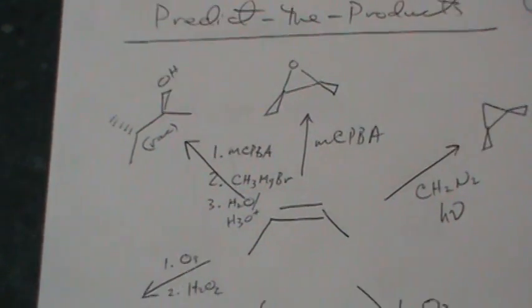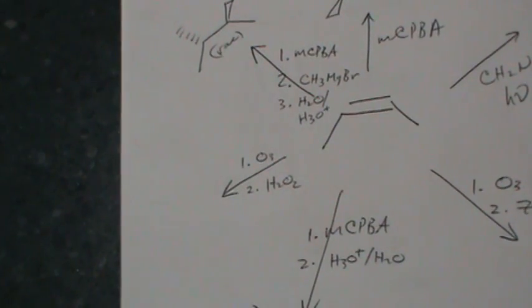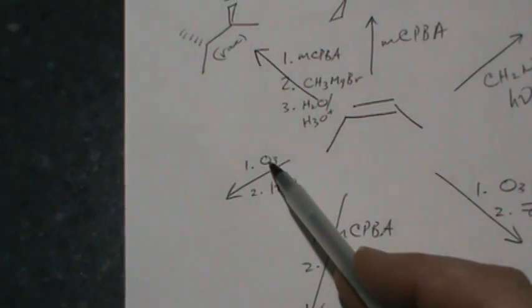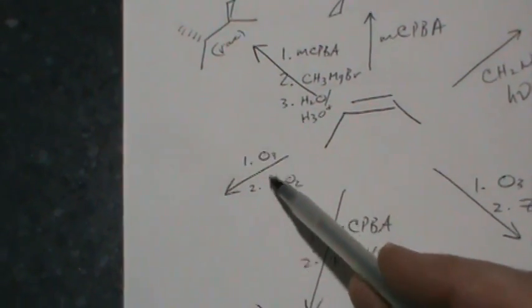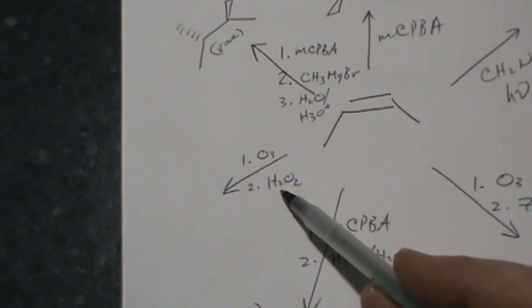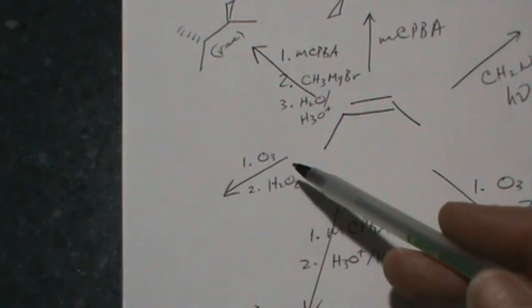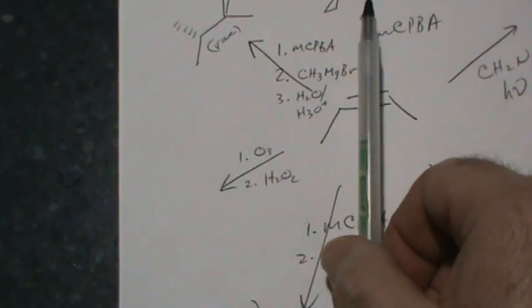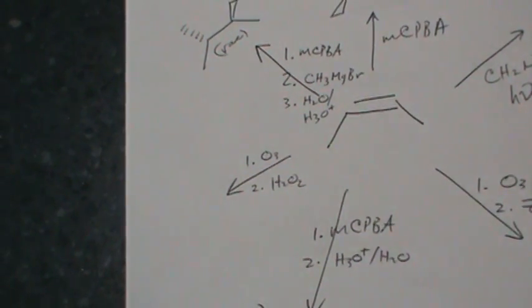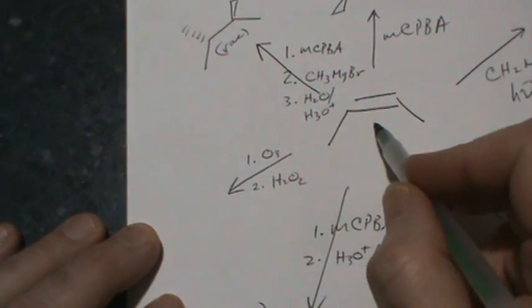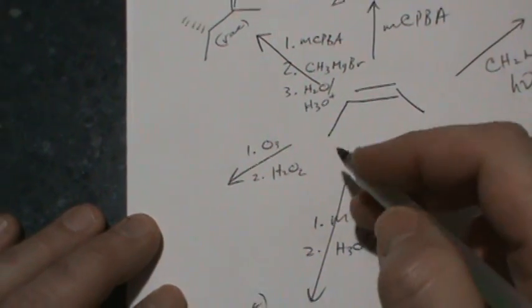Okay, very good. Let's look at this reaction over here. This looks like an ozonolysis reaction. First step ozone, second step hydrogen peroxide, which is an oxidative workup. So we know that in the ozonolysis reaction, we're going to karate chop this alkene in half. There's symmetry here, so when you karate chop this one in half, the two pieces are exactly the same.